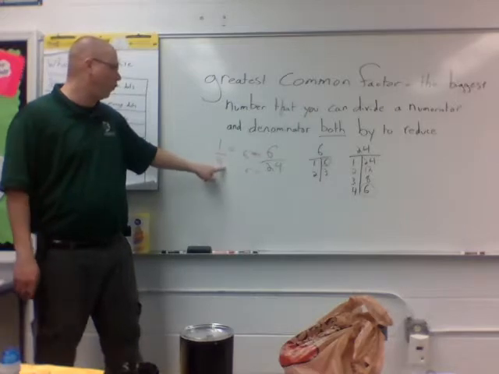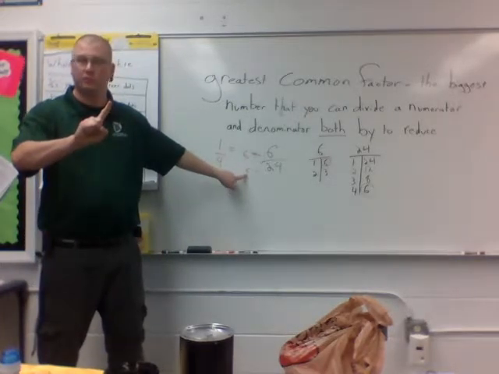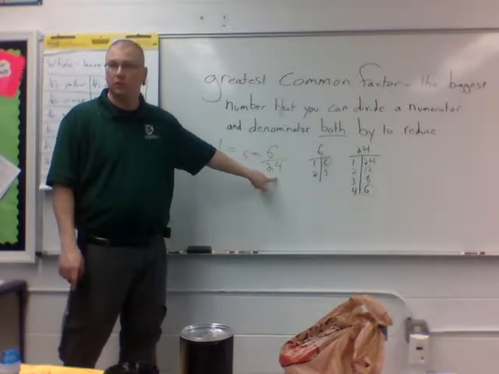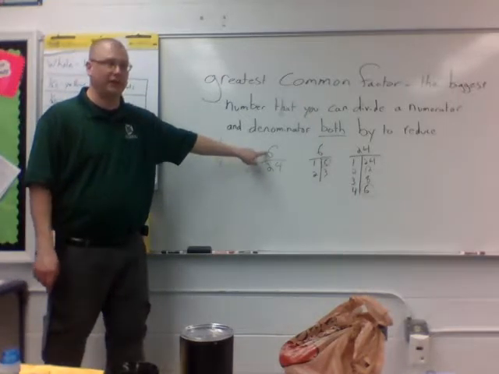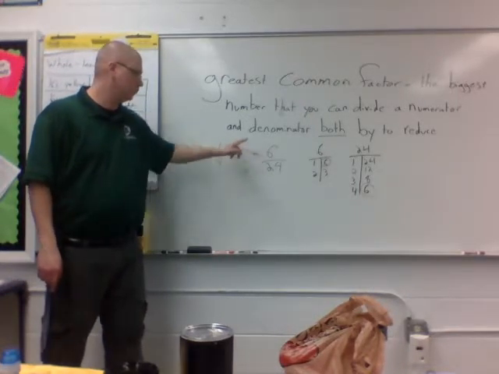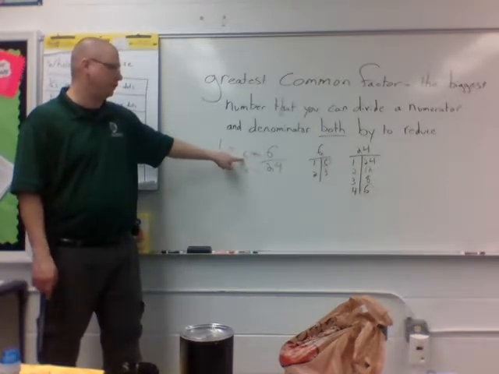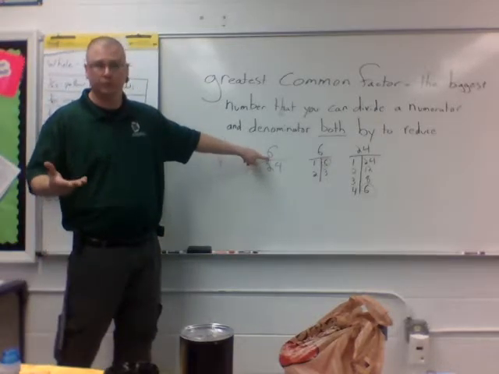That means this 4, for every one piece, is going to be 6. So if I have 4 groups of 6, I have 24. How many of those pieces are going to be shaded in? If 6 of these were shaded in, one of these is shaded in. That means if I take that 1 and cut it into 6 equal pieces, I'm going to have 6.